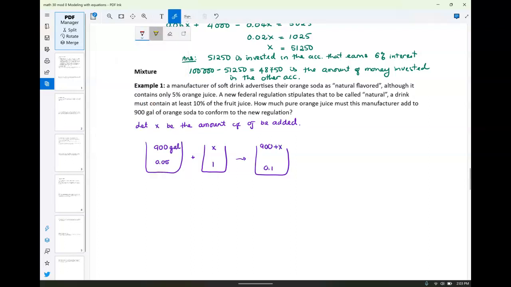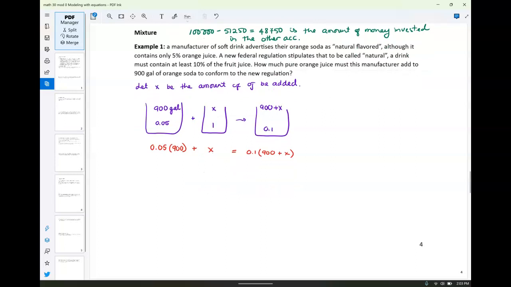We solve this problem based on the amount of orange juice. There is 5% orange juice in 900 gallons. We add X amount of orange juice to get 10% orange juice in the end mixture. We can solve this equation.